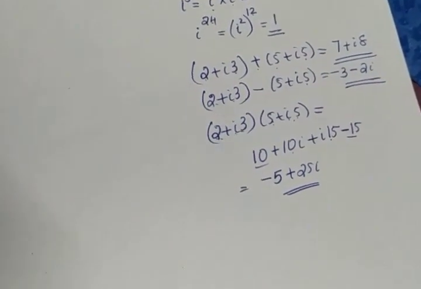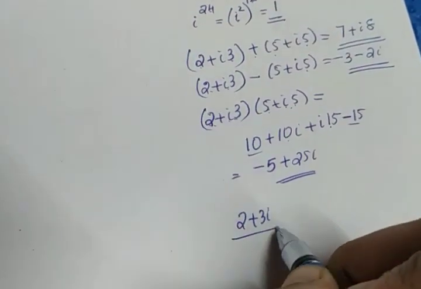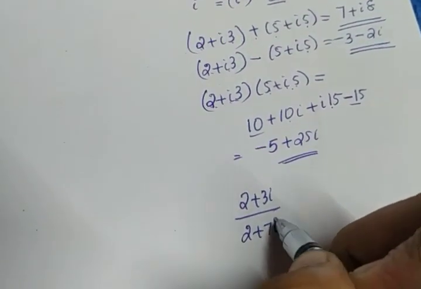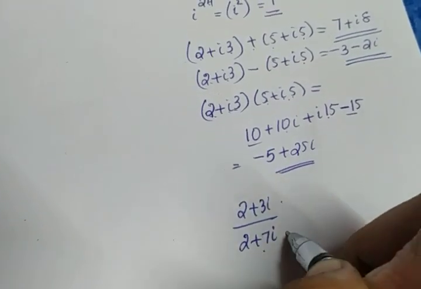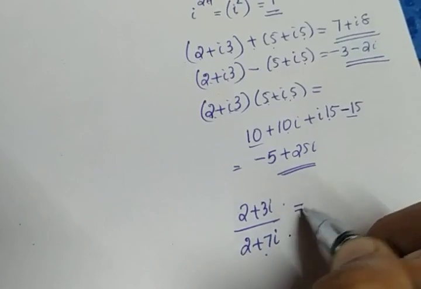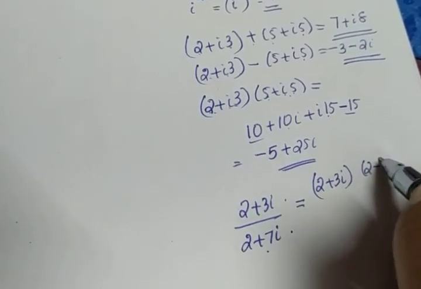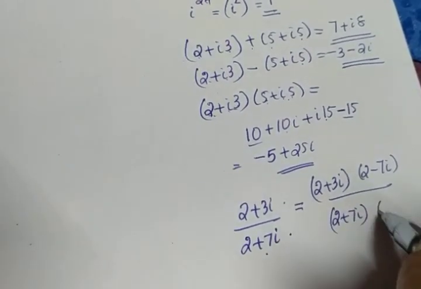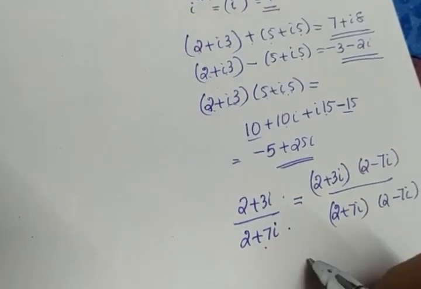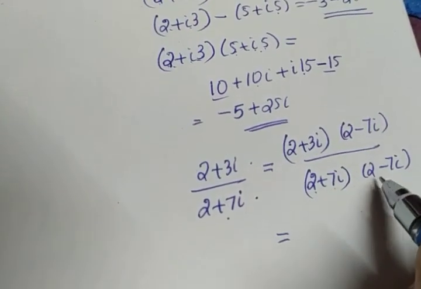If I want to divide two complex numbers, suppose I want to divide 2 plus 3i by 2 plus 7i, what should I do? I should take the conjugate of the denominator and multiply with the numerator and the denominator and then simplify. So 2 plus 3i into the conjugate of the denominator, 2 minus 7i, divided by 2 plus 7i into 2 minus 7i. The denominator will be of the form a plus b into a minus b.